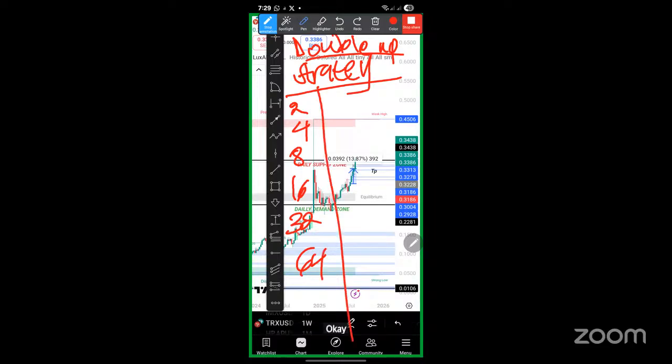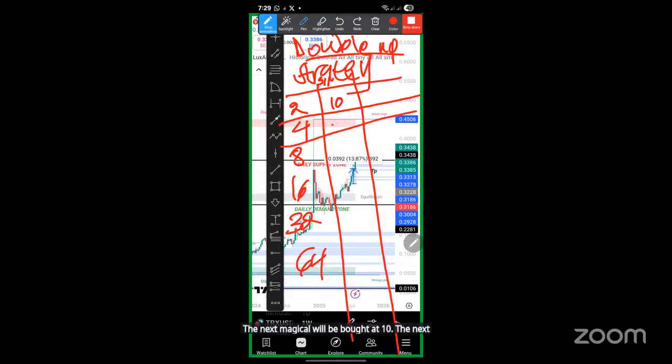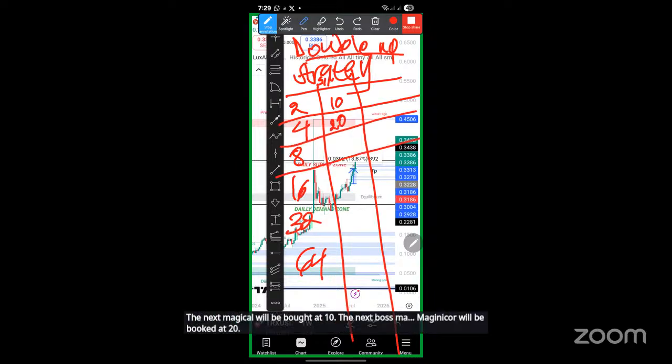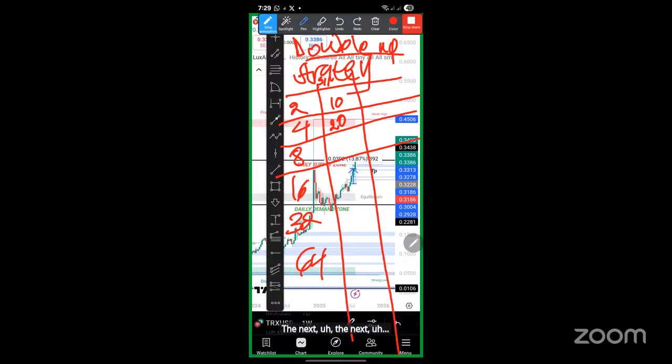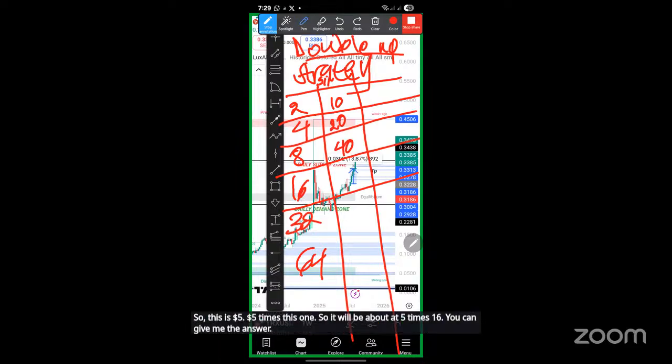If your first buying amount was 5, it will buy 5 first. The next margin call will be bought at 10. The next at 20. The next at 40. The next will be 5 times 16, which is 80.